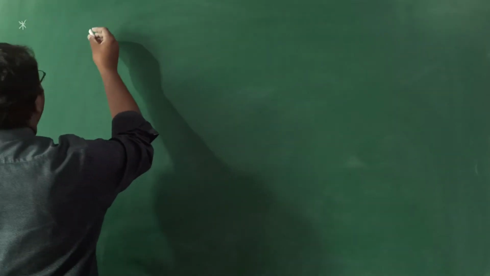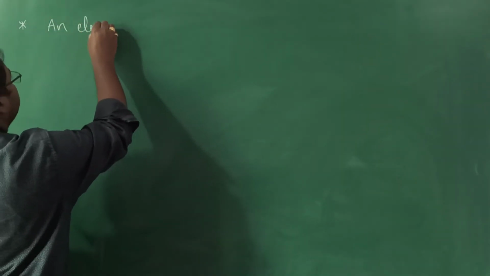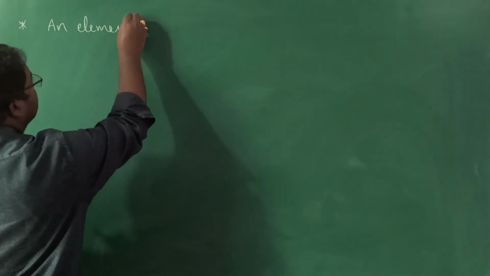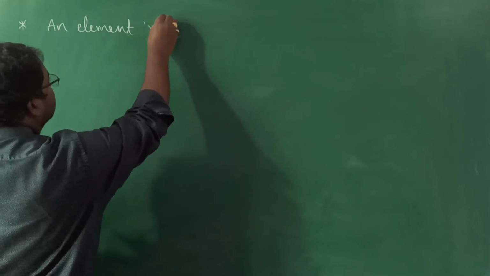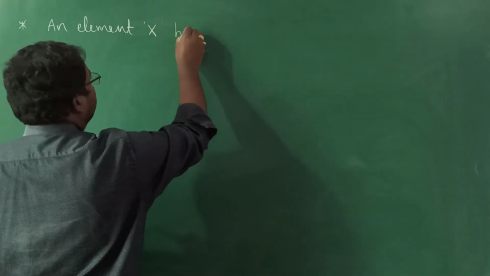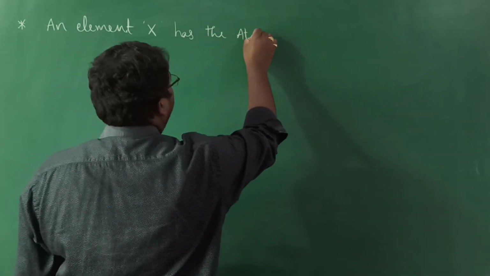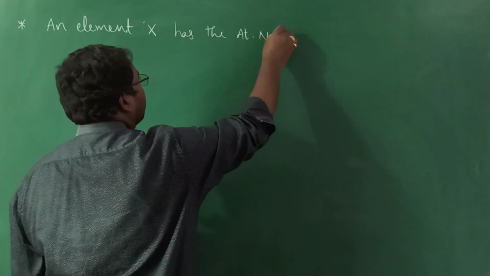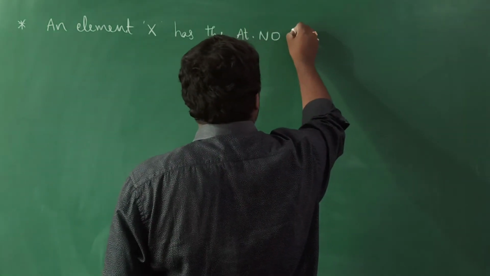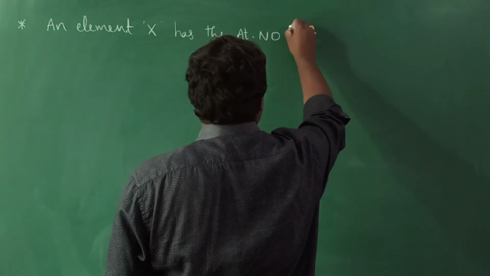Now, an element X has the atomic number 55.